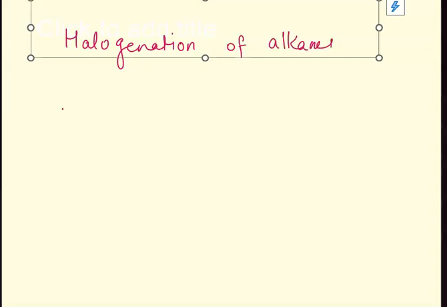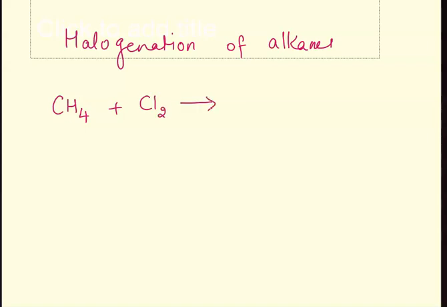So let's take the very simple alkane, CH4, which is our first alkane in our series, and react it with chlorine, Cl2, and one of the products would be CH3Cl and the side product HCl.